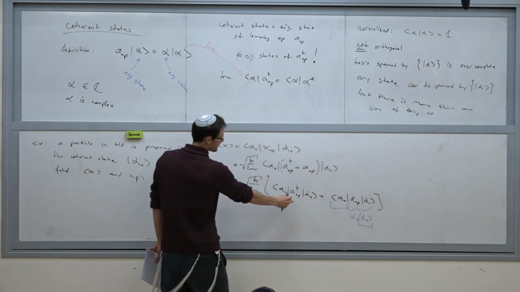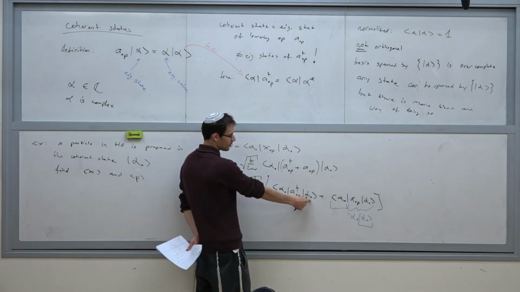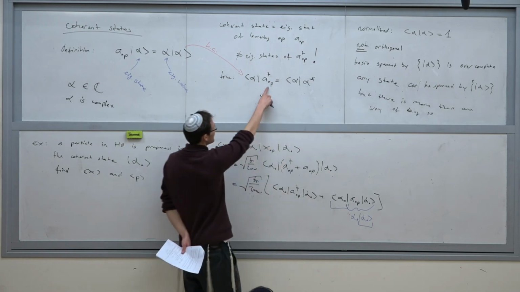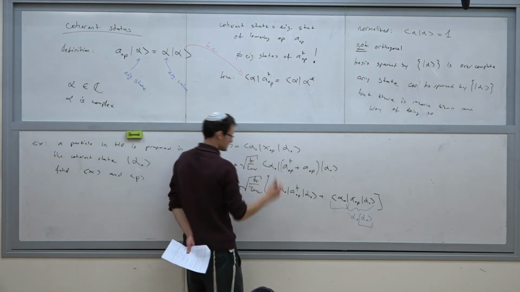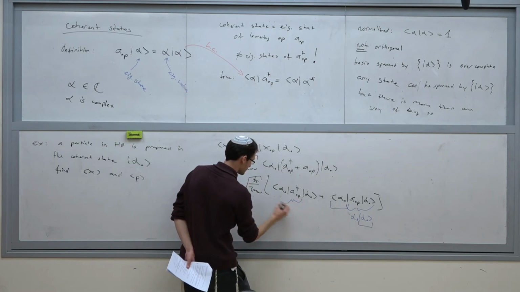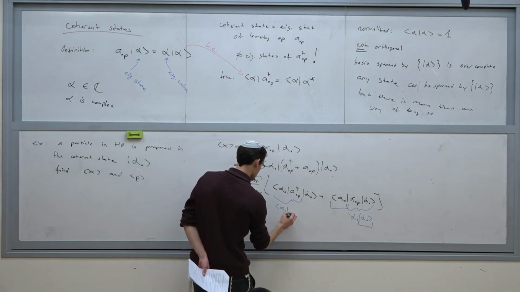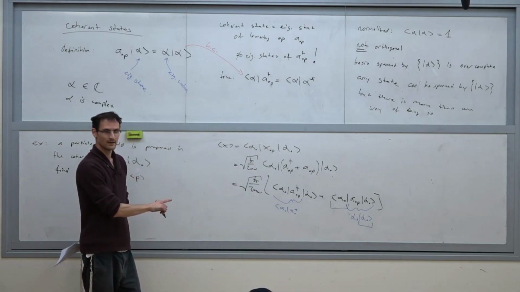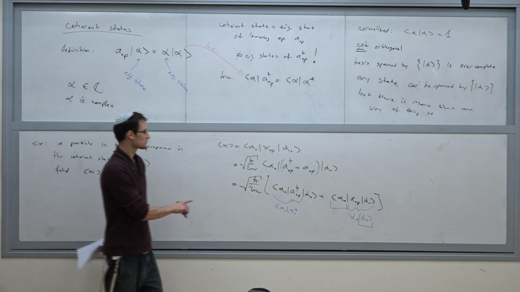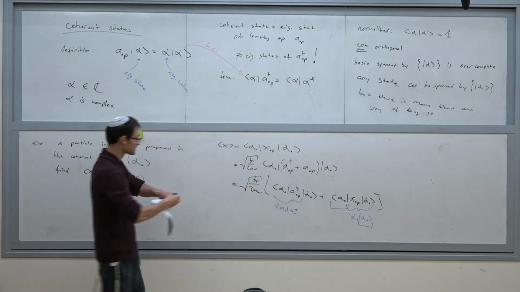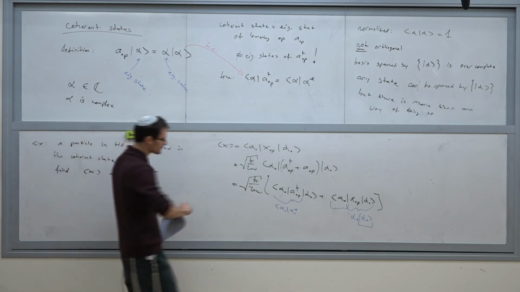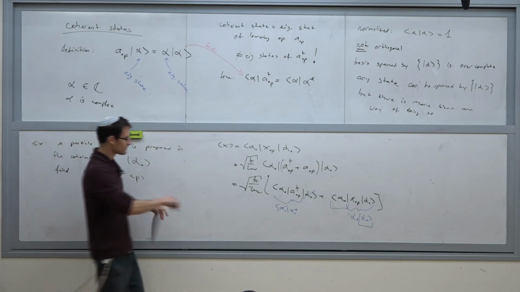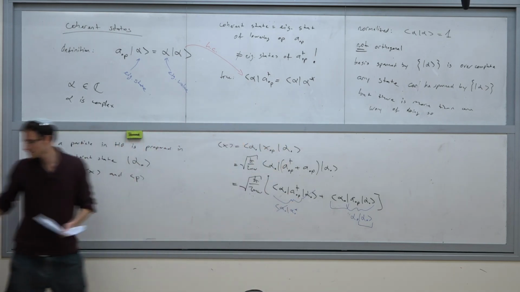On this side, I cannot act with a dagger onto the ket. That's not defined. What I can do is act backwards onto the bra. Sounds funny. See what I did? I'm acting backwards onto the bra instead of forwards onto the ket. And then, of course, once again, the bra and the ket are normalized, so we get 1.